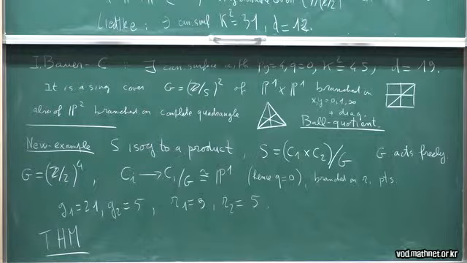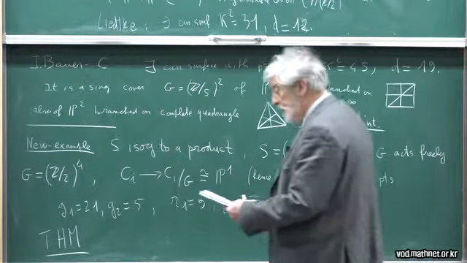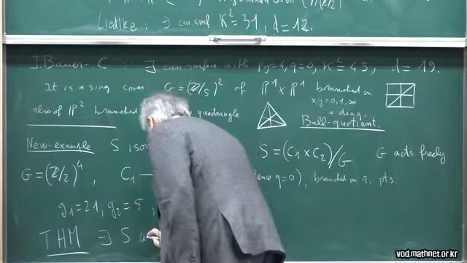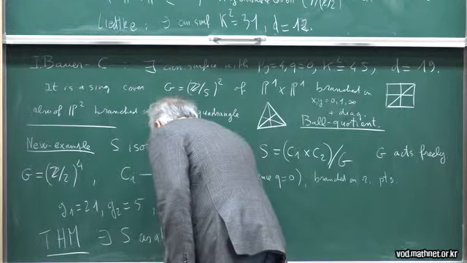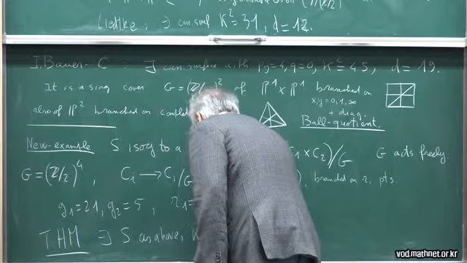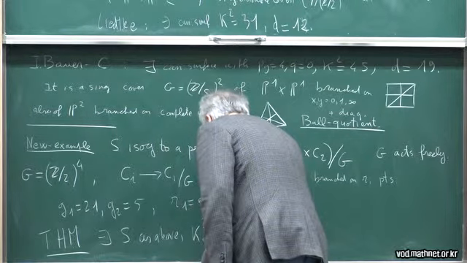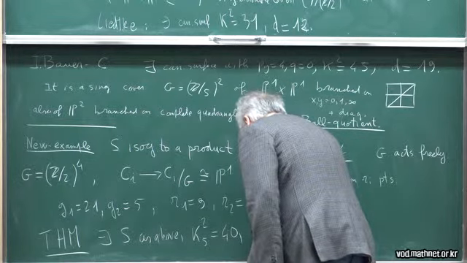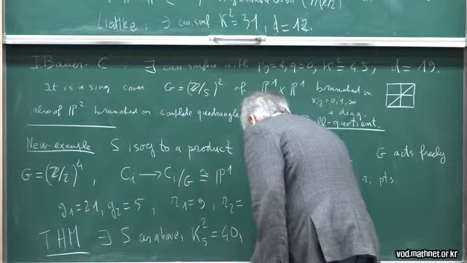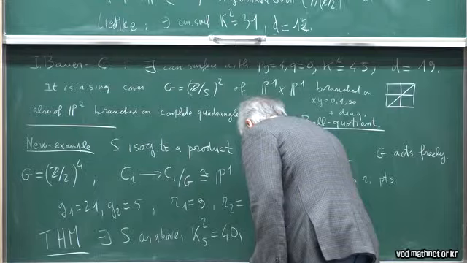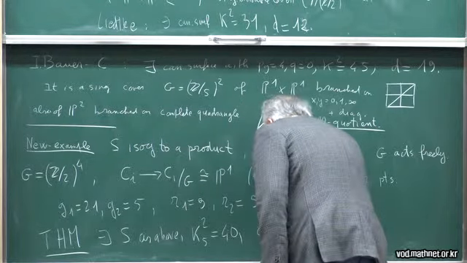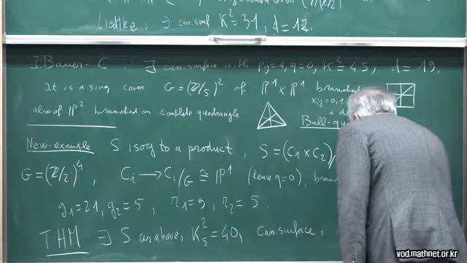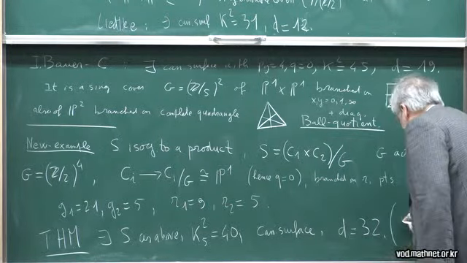For the other, there are some calculations, and there exists S as above, with K squared of S equal to 40, and such that S is a canonical surface, but unfortunately d is only 32 because there are 8 base points.